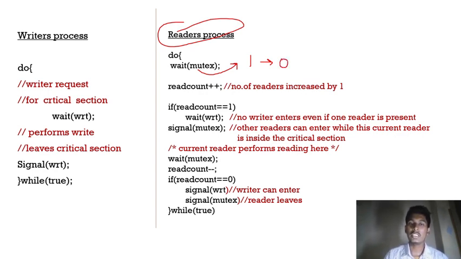This means a reader process has entered and is trying to read the data, so the read count value should be incremented because a reader process entered. We will increment the read count, consider it as RC. So RC will become 1.